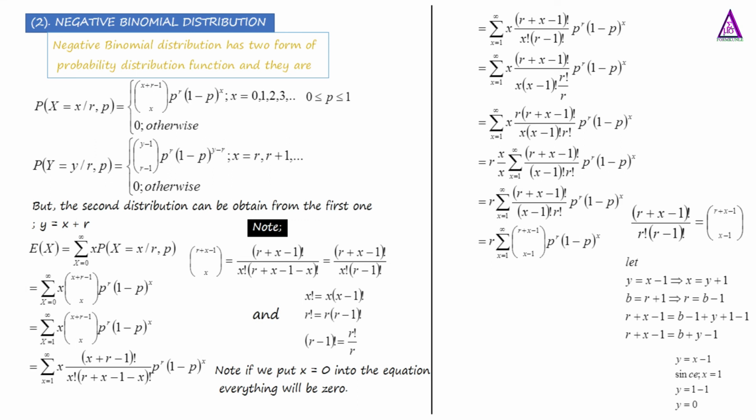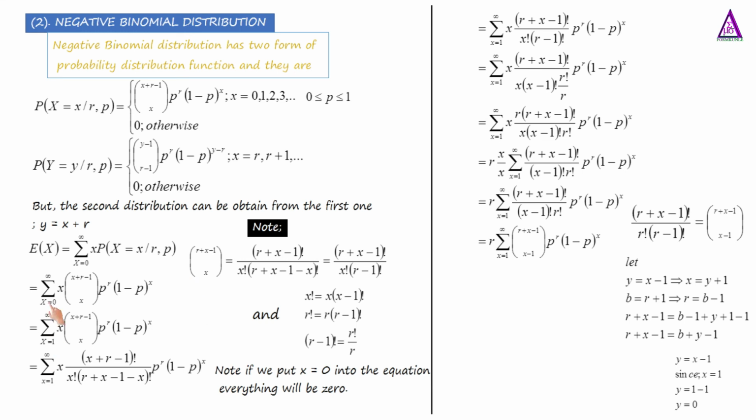Proving the expected value of the negative binomial. We have the summation of x from 0 to infinity of x times the probability distribution function of the negative binomial, which is equal to the summation of x from 0 to infinity of x times the combination, p raised to r, into the bracket (1 - p) raised to x.